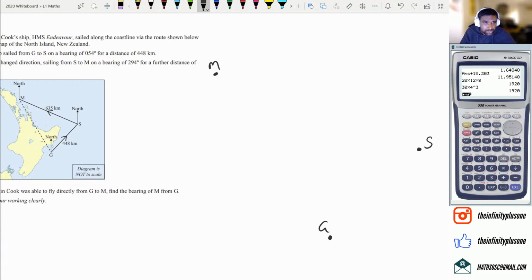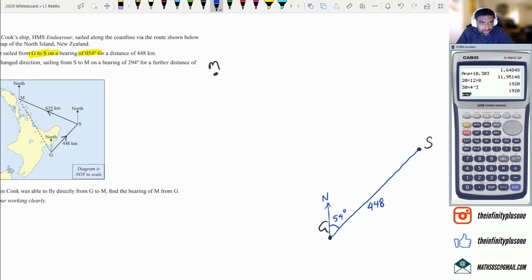So the first thing is from G to S, he goes on a bearing of 54 degrees. Basically what that means is that north is going to be there, and this angle from G to S is going to be 54 degrees. And we also know that this is going to be 448 kilometers.